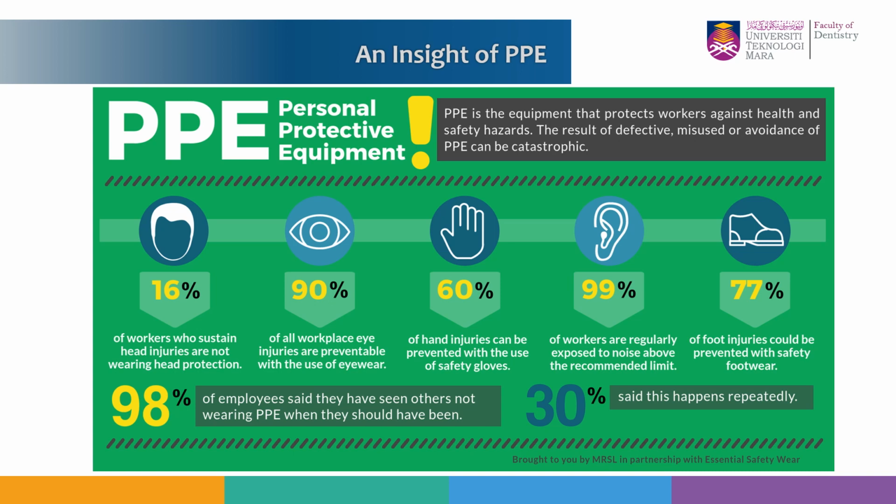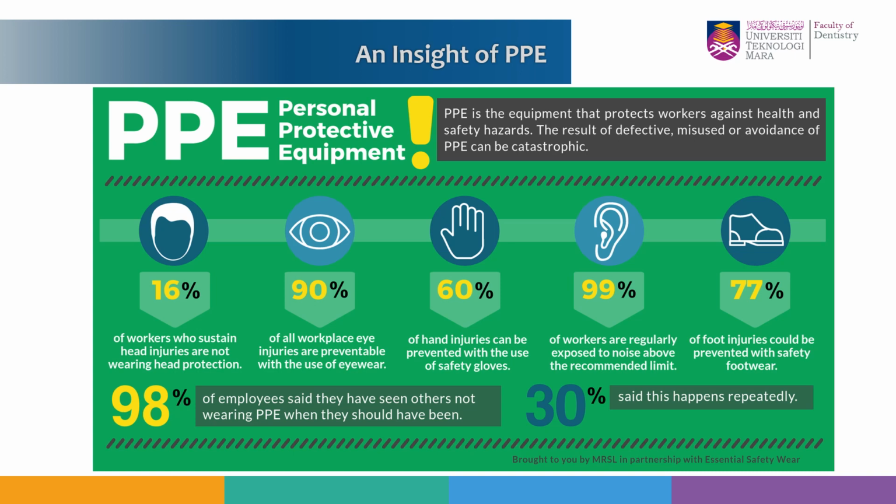So you will discover what the differences between these gloves are. Safety gloves are not the ones that we are wearing in the clinic. 99% of the workers are regularly exposed to noise above the recommended limit, and 77% of foot injuries could be prevented with wearing safety footwear.